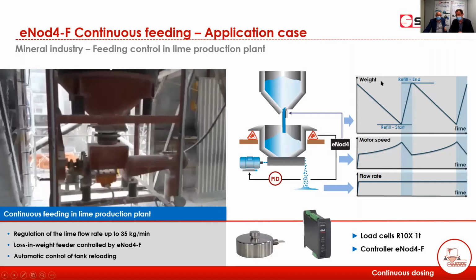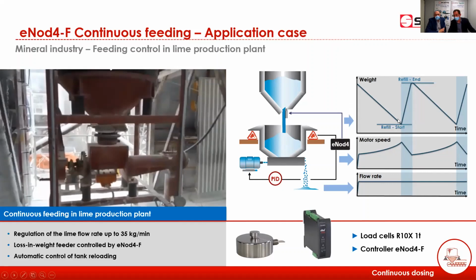At first, the one on the top, which indicates the weight value, the one in the center, which indicates the value for the analog output, related in this case to the output of the PID control to the screw feeder. In this case, here you can see roughly the speed of the screw feeder and the result. The perfect result, which is the continuous regulation of your flow rate.